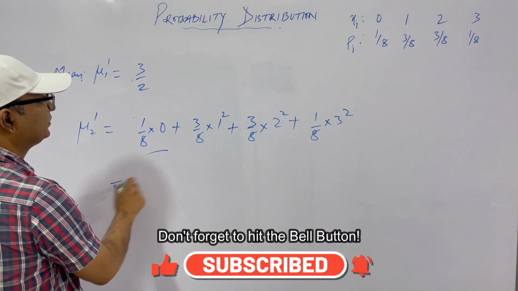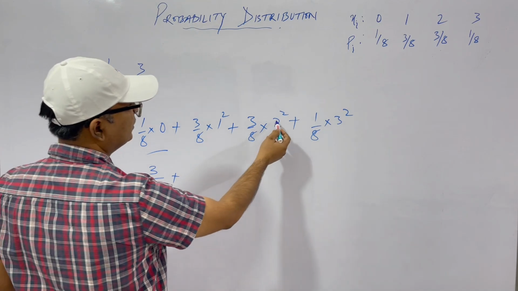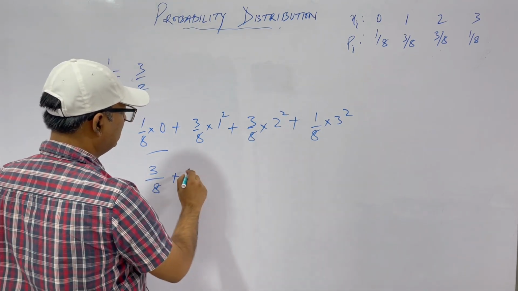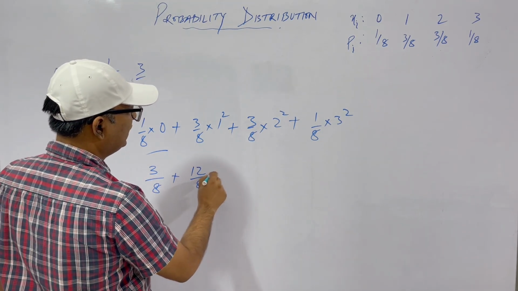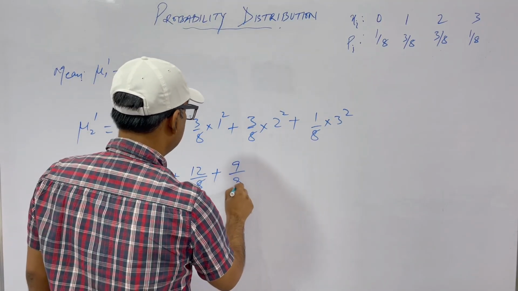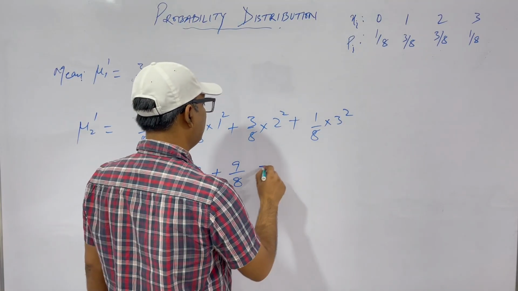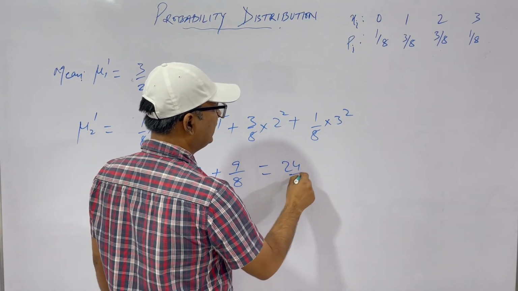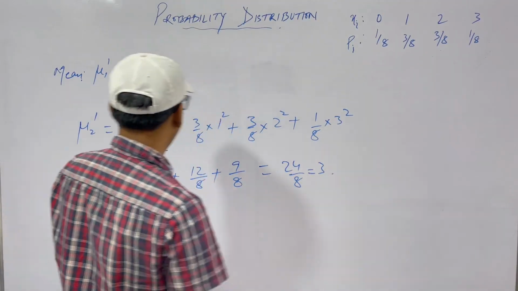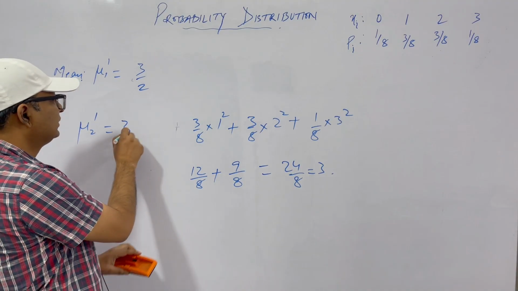This is 0, this is 3 by 8, this is 2 square, 4, 4 times 3 is 12, 12 by 8, this is 3 square, 9, 9 by 8. So this is 9 plus 3, 12 plus 12, 24 by 8, that is 3. So we got our mu2 dash, this is 3.